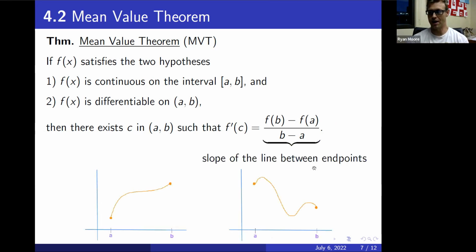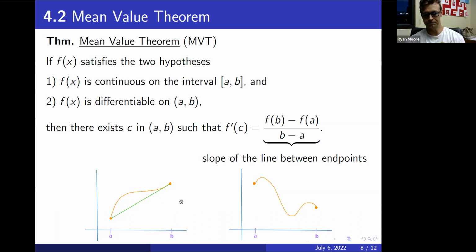A little bit more to it. We could even think about it graphically. In this first graph down here, the mean value theorem is when you connect the endpoints, and you think of the slope of the line between the endpoints. And there's got to be some value of c where the tangent line is parallel to that line between the endpoints.